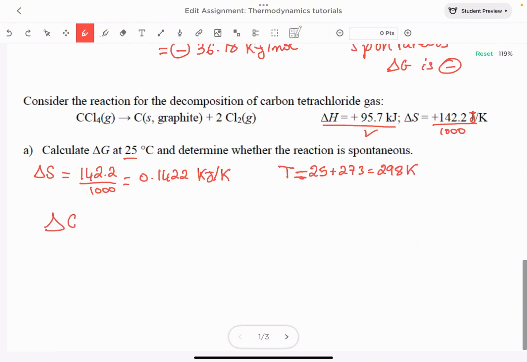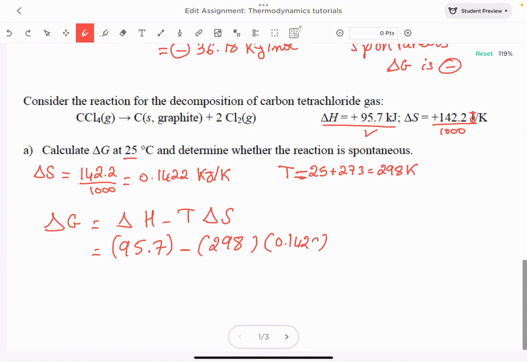Now we start substituting in the formula of delta G equals delta H minus T delta S. So delta H is 95.7 minus the temperature, which we just converted to Kelvin, and the entropy, which we changed to kilojoule per Kelvin.